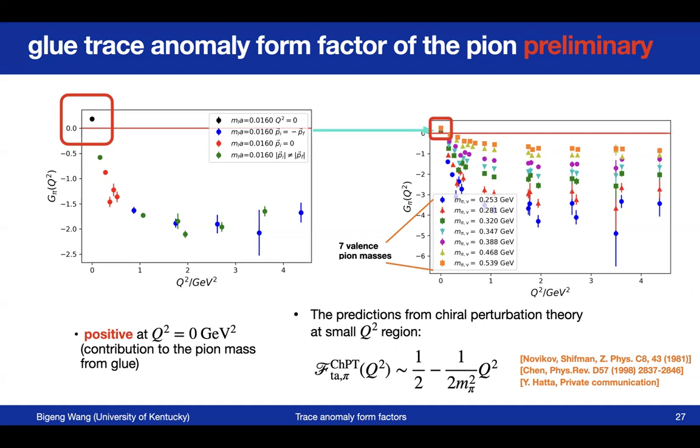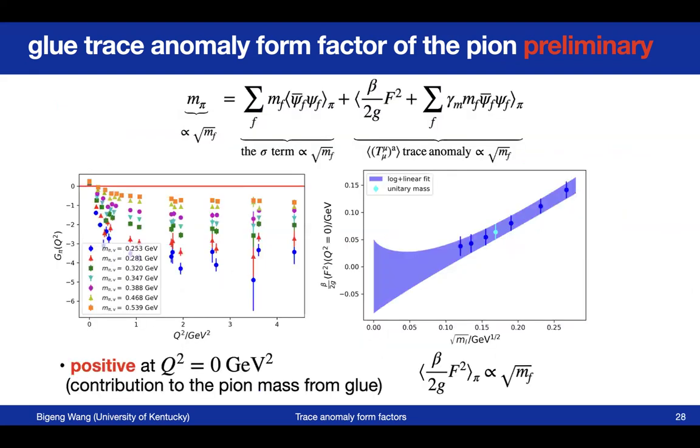Okay. Then we can look at everything with 7 different valence quark masses and see how that looks. Previously, I've shown that the pion mass squared is proportional to the quark mass, and also the sigma term and the trace anomaly as a whole are proportional to the quark mass.